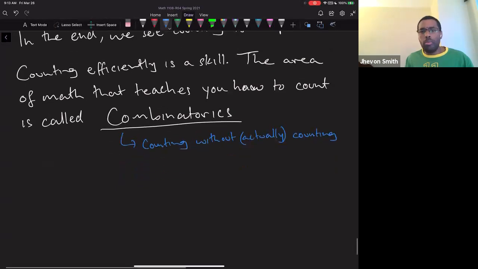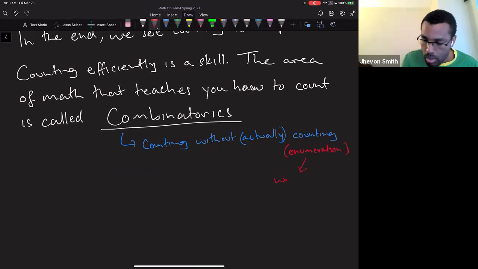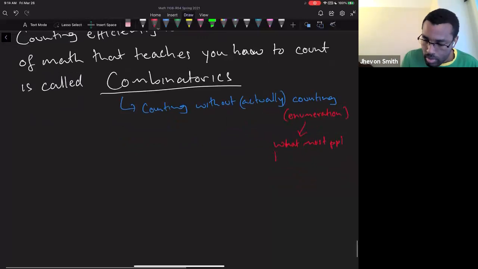And the thing is, when most people think counting, they think of 1, 2, 3, 4. This is what's technically known as enumeration. What most people think counting is: 1, 2, 3, Mississippi.